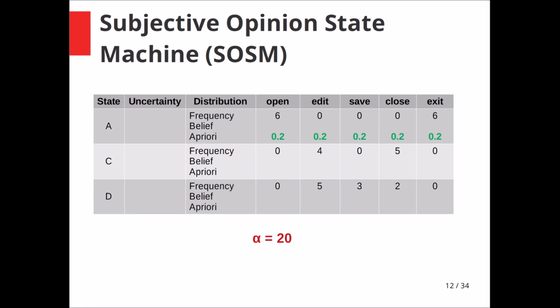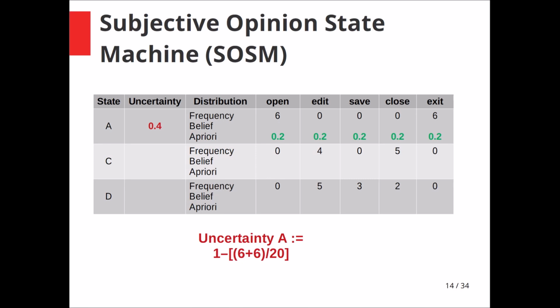Next step is to compute the uncertainty for each state by following the given formula. We sum together the individual frequencies per state and divide by the predefined value of alpha, which is in our example 20, and then we subtract it from 1.